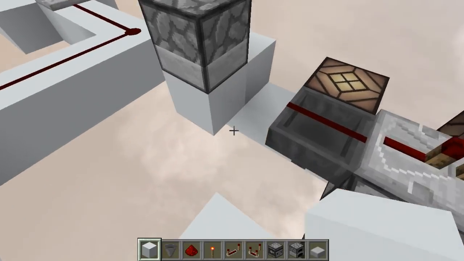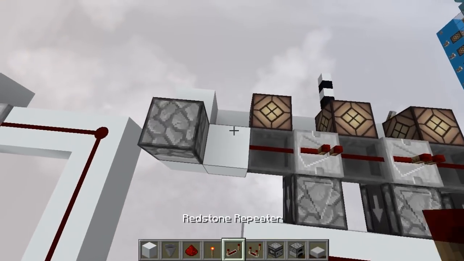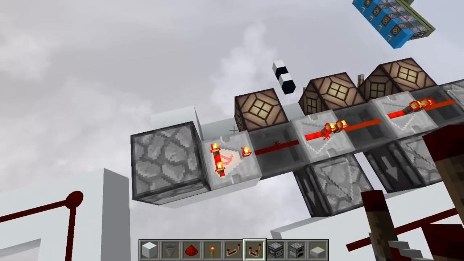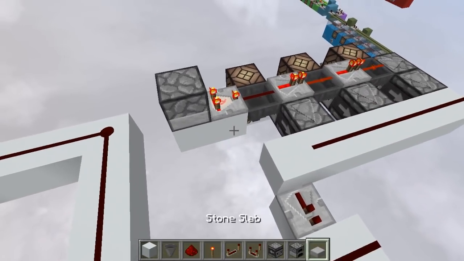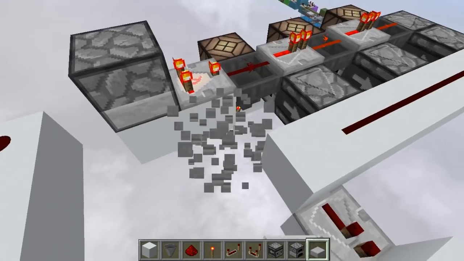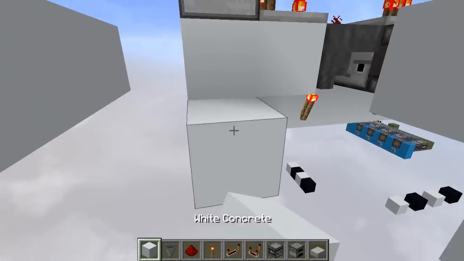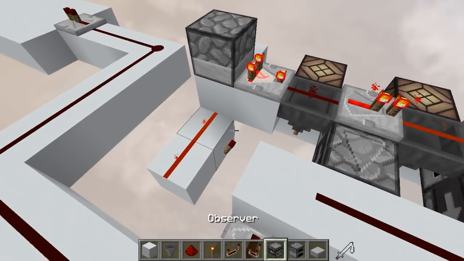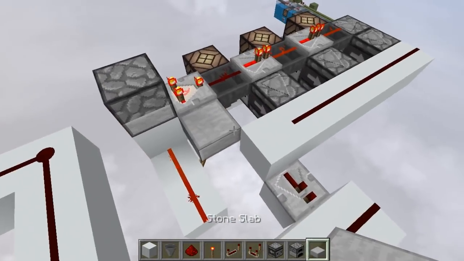So here is where we have a comparator. It can be on subtraction mode, it doesn't matter. So here we also need a slab, but first let's extend this line. Redstone dust, you place a torch, and this is the reason why we need a slab in here.